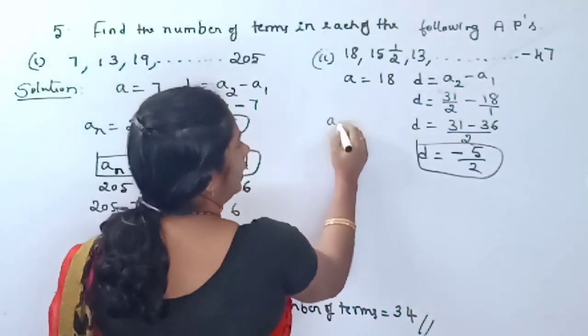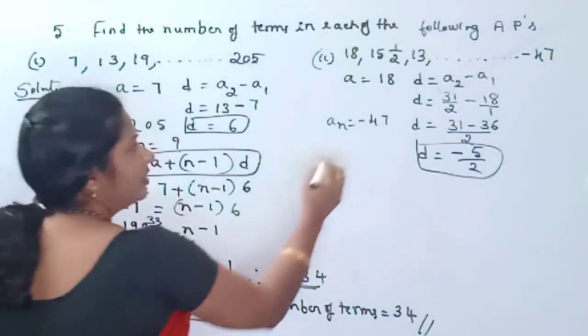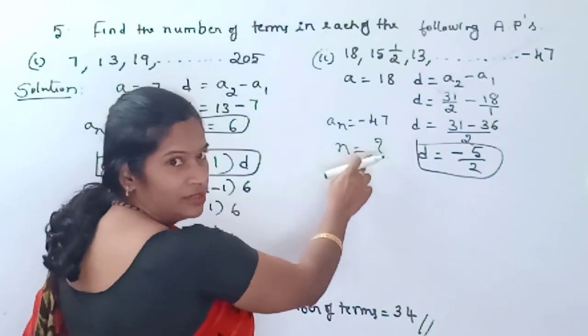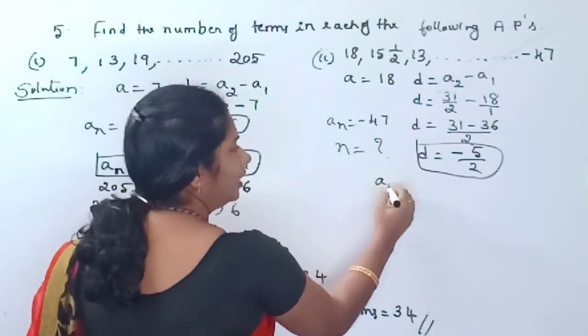Next, what is given? Now we know that the nth term is minus 47. Now what do we have to find out? The N value. Find the number of terms. So let us write the formula.